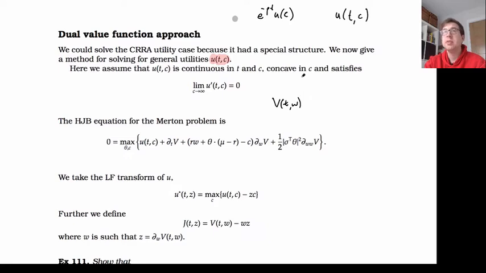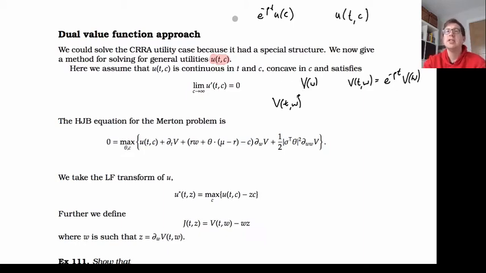Before we were just dealing with v of w, and that's because as we let time go forward, we only have to multiply by a discount factor. Notice previously v of t of w was just equal to e to the minus rho t of v of w. So we could work with just v of w rather than v of t of w.